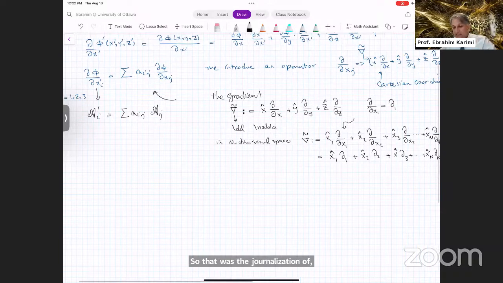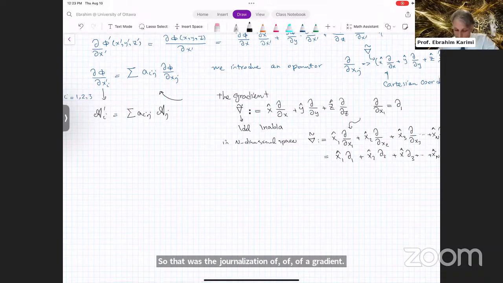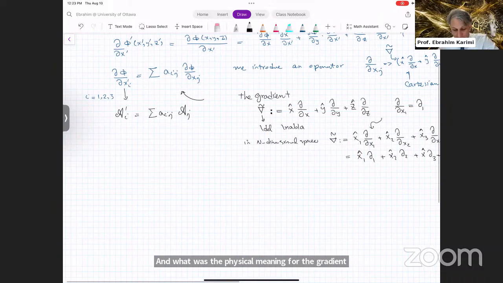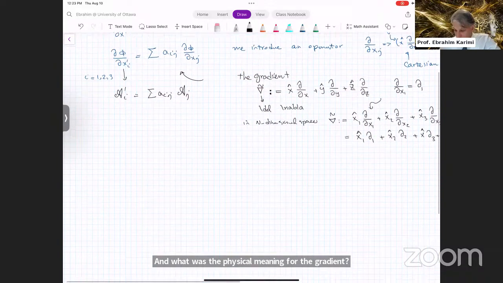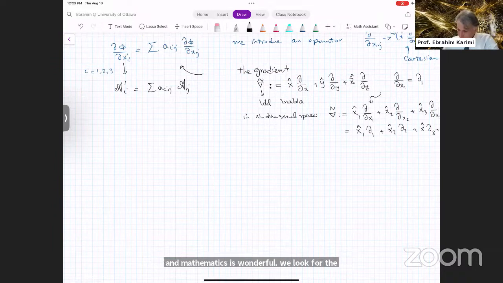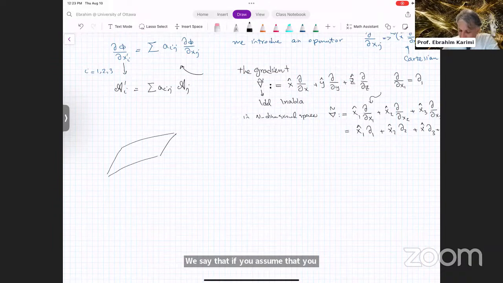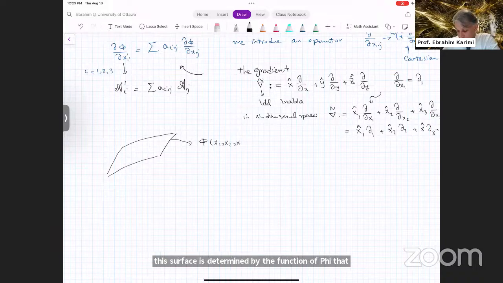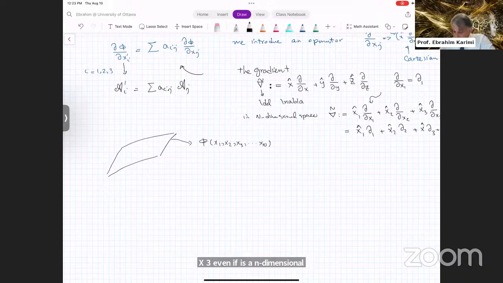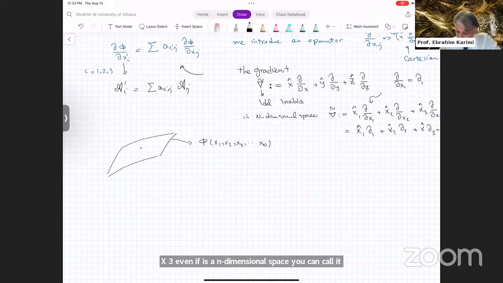And what was the physical meaning of the gradient? Of course, you can define mathematics, and mathematics is wonderful, but physicists look for the meaning. Assume that you have a surface determined by the function phi of x1, x2, x3, even if it's an n-dimensional space, you can also call it xn. Then you can assume two points.